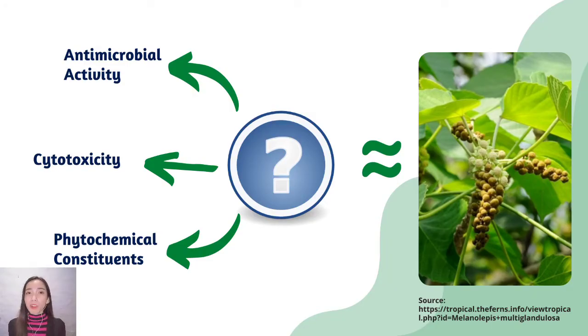However, most herbal medicines have only limited scientific evidence to support their safety and efficacy as stated by Bent 2008. There is no scientific basis or evidence of the antimicrobial, cytotoxicity, and phytochemical constituents of the leaf extract of Melanolepis multiglandulosa. Thus, this study is to validate the claimed antimicrobial property, cytotoxic potential, and phytochemical constituents of Melanolepis multiglandulosa leaves.